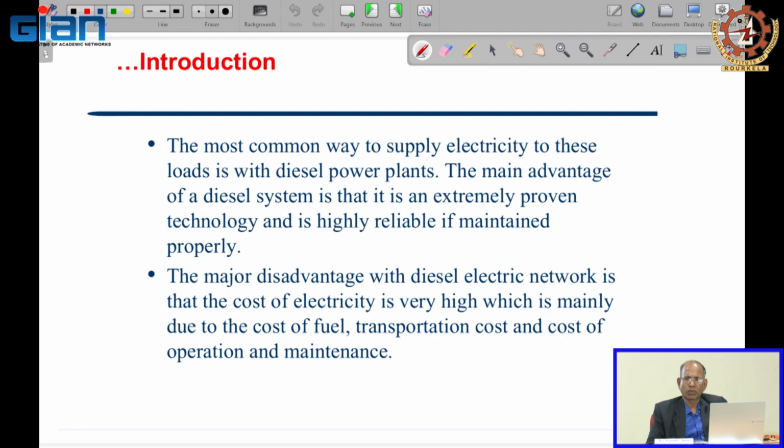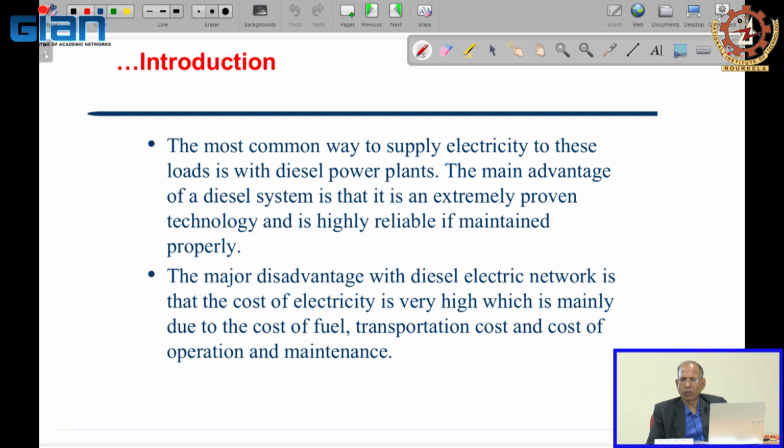First of all, the cost of electricity produced is very high, because of the cost of the fuel itself, which is very costly.